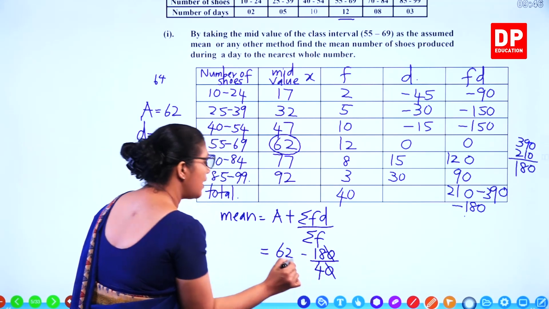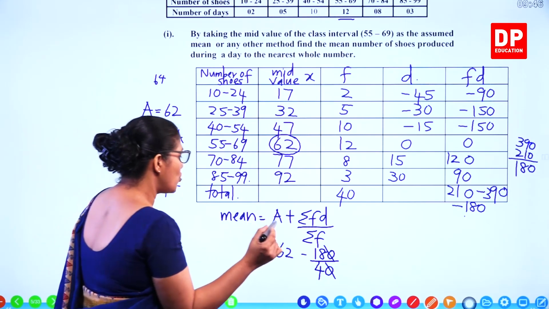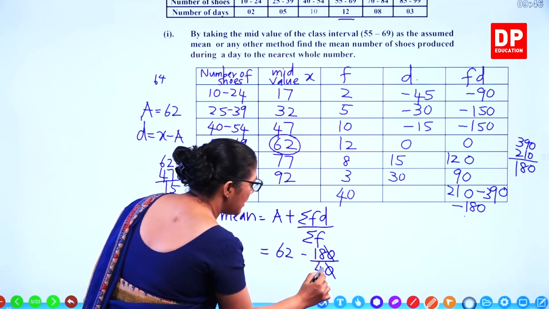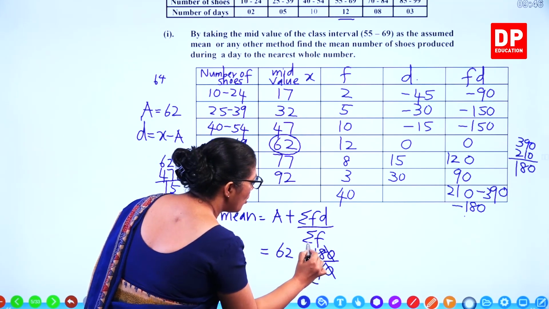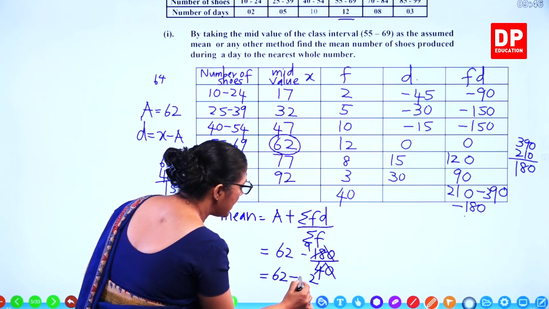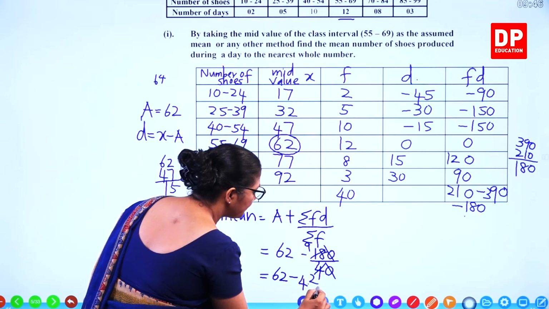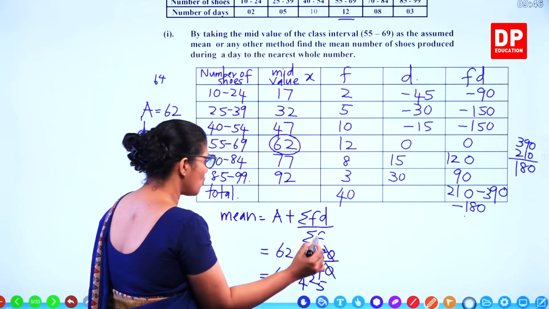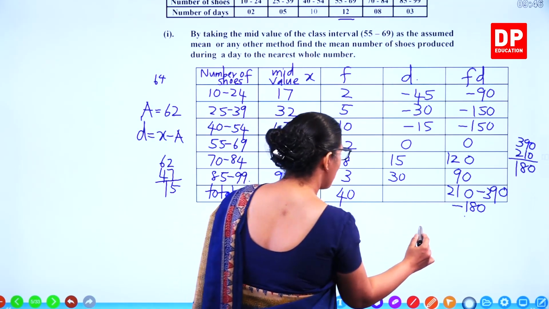So divide by 10. So you get 18 over 4. Here divide by 2. 9 over 2. So that means 62 minus 4.5. So what's the value? 62 minus 4.5.